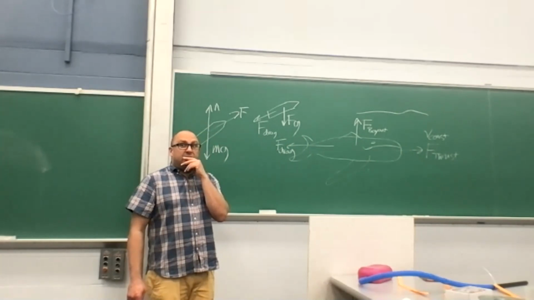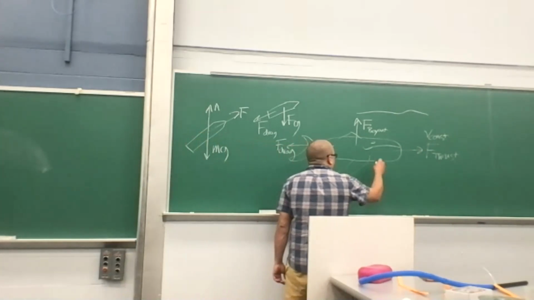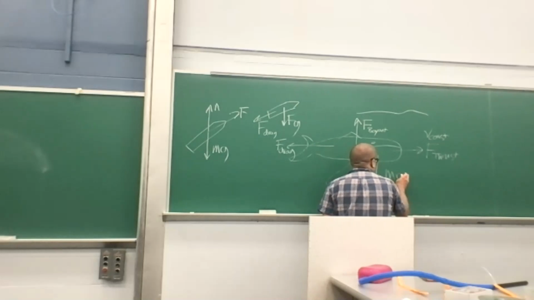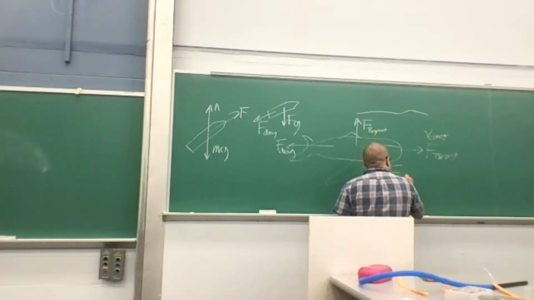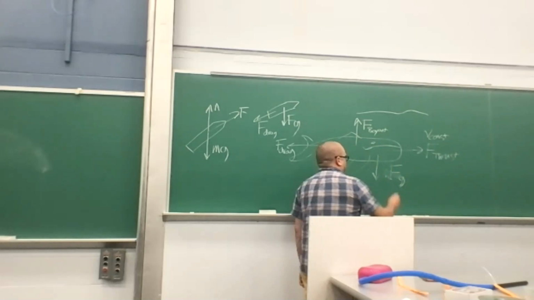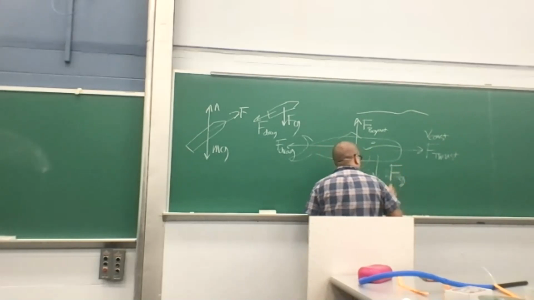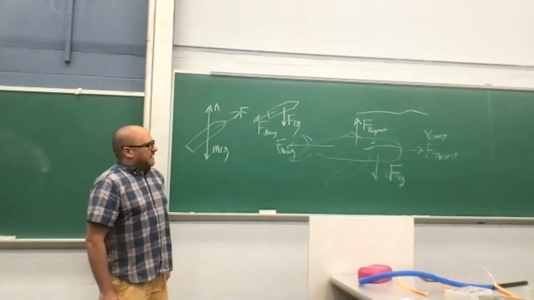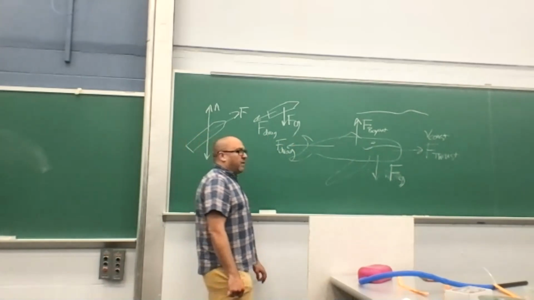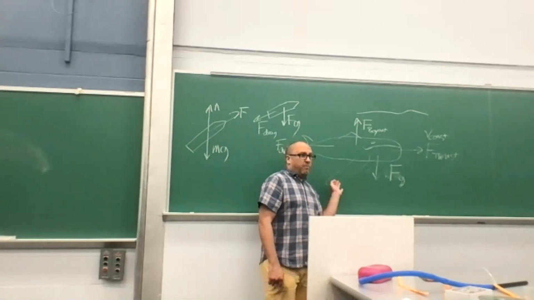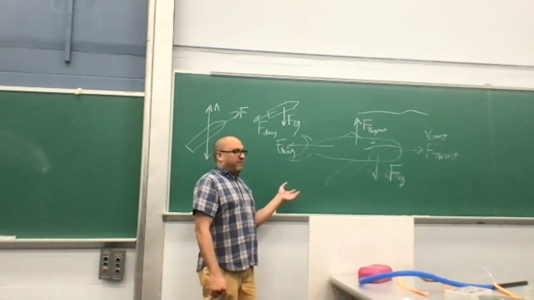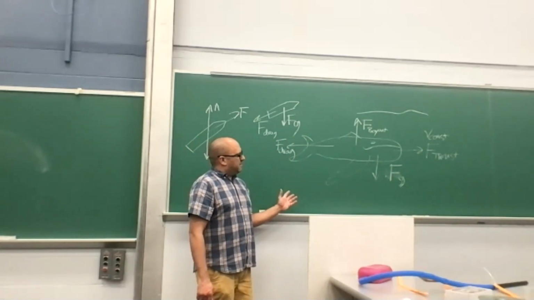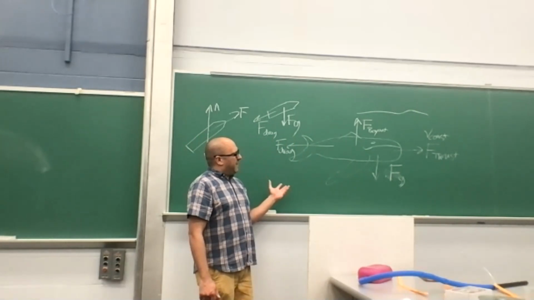Yes. So we have the weight of the whale, mg, or we'll call it Fg, the force due to gravity or its weight, which is a lot for a whale. I think a whale weighs as much as 23 elephants. So blue whales are the biggest creatures that ever lived. There's one more force that's also important since it's swimming.